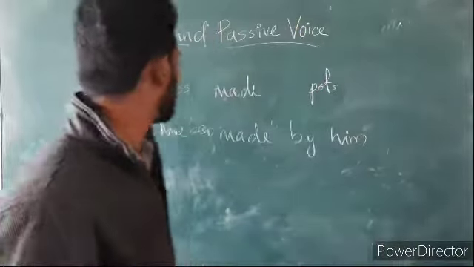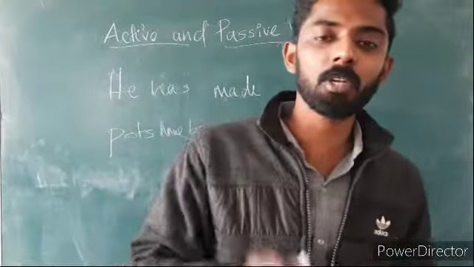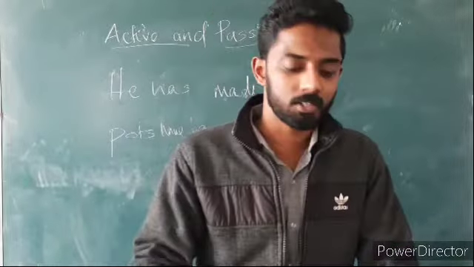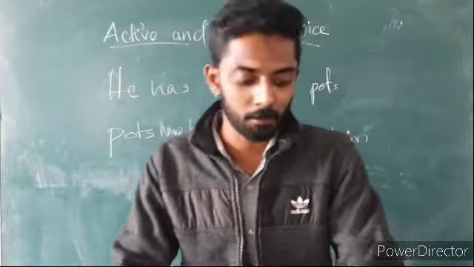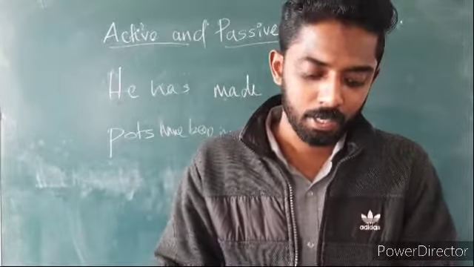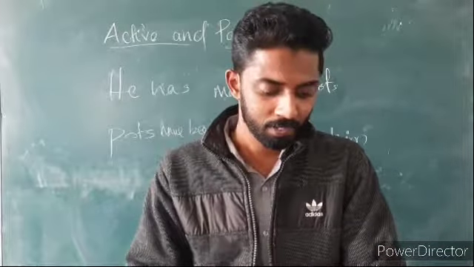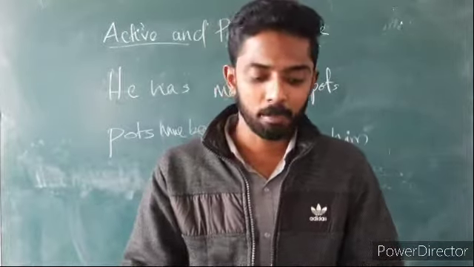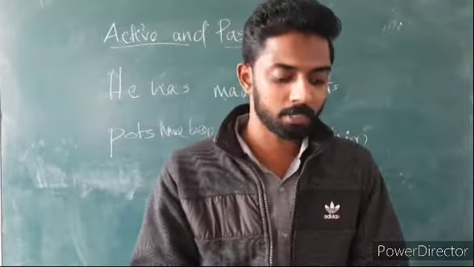So the only difference is between is, am, and was, were. In the past perfect tense, he had made pots changes into pots had been made by him. There is no passive form for past perfect continuous.